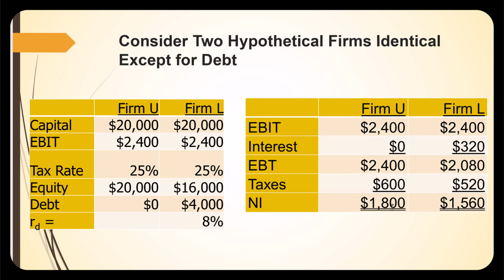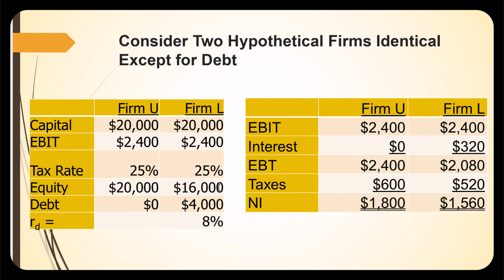So let's think about two hypothetical companies and see how debt influences the companies. Here we have company U, which has zero debt, and company L, which has debt. You see they have the same capital, the same earnings before interest and taxes, and the same tax rate. Equity is different because company L has debt.